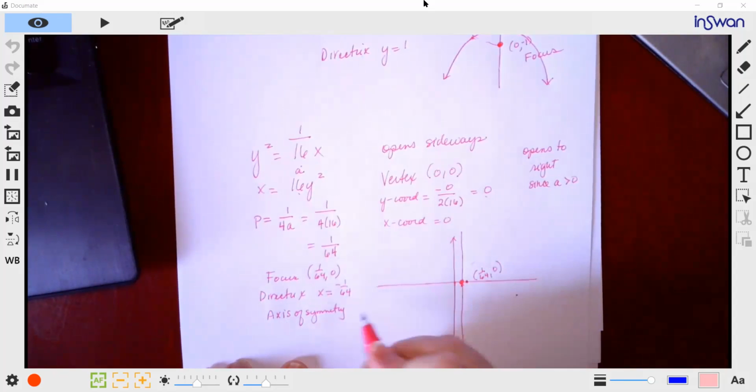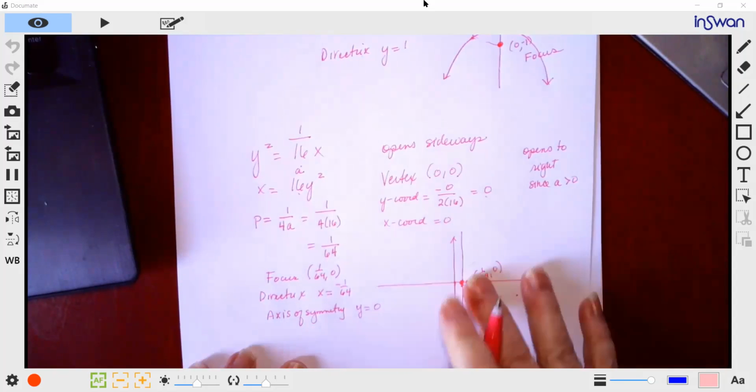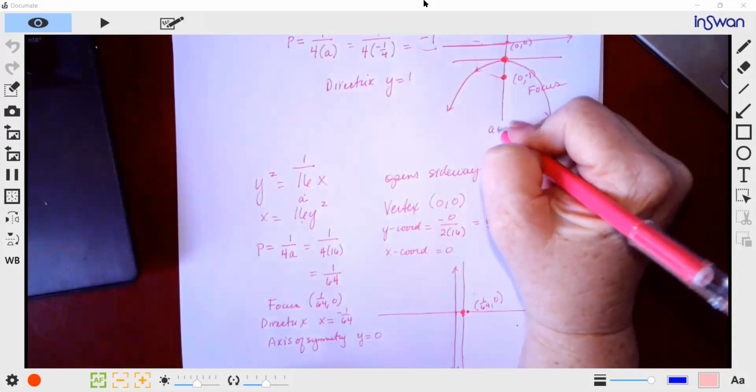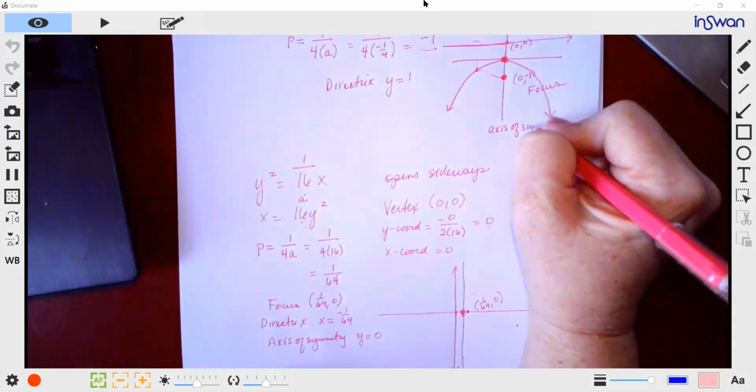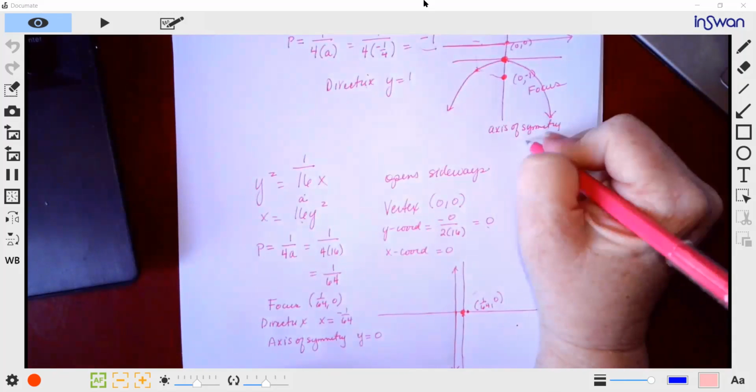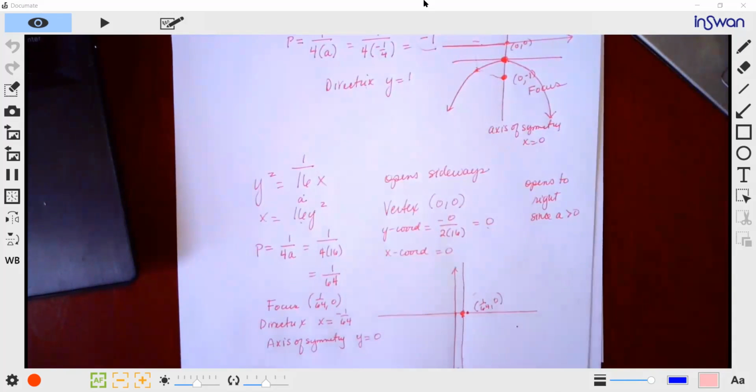So in this case that would be y equals 0, whereas up here, our axis of symmetry would have been x equals 0. And anytime your vertex is at the origin, your axis of symmetry is either going to be the x-axis or the y-axis, depending on whether you open up and down or sideways.